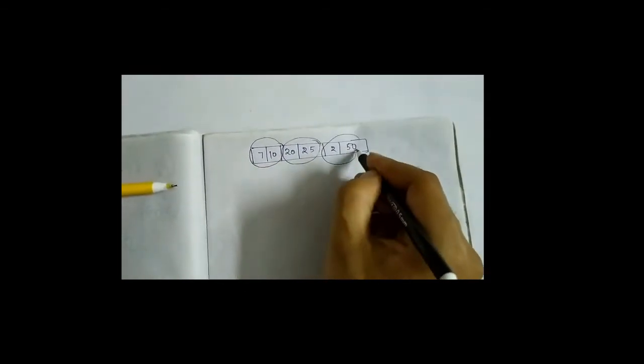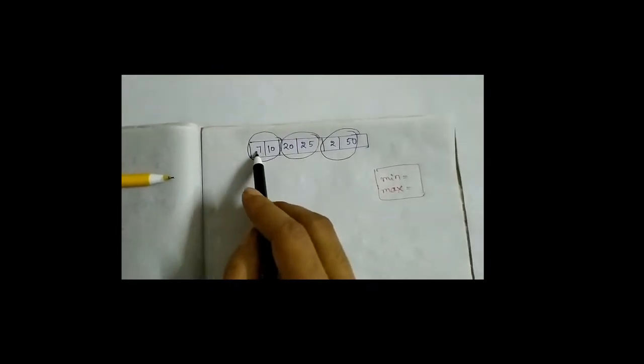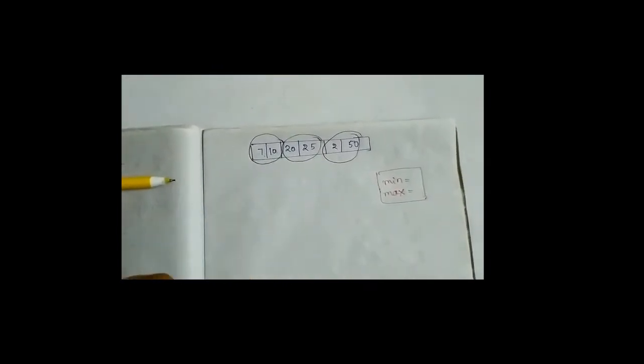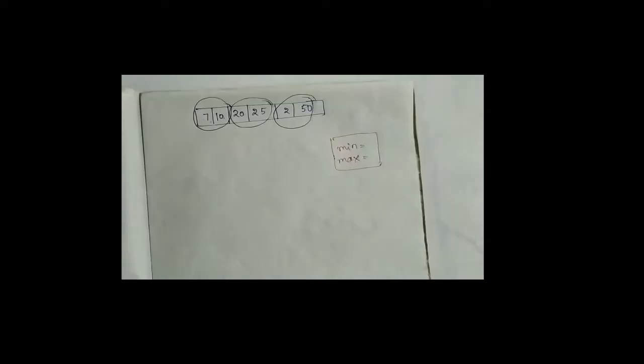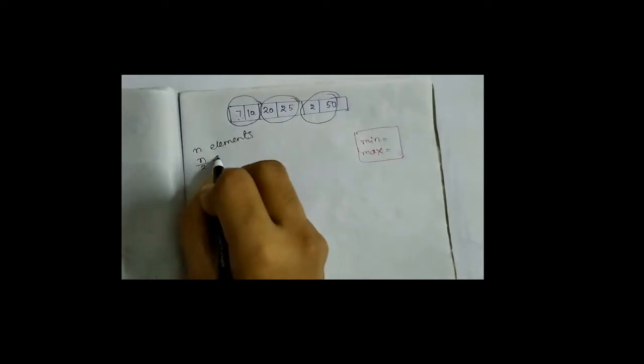And we will do almost the same thing we did last time. That is, we will take a pair, and we will compare only the two elements within that pair. So if I have n elements, then I will have n by 2 pairs.